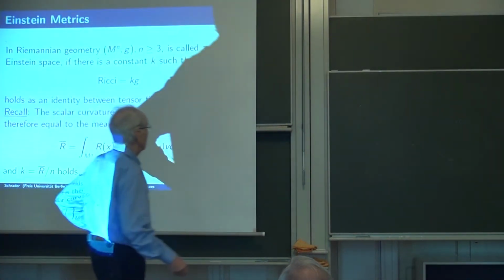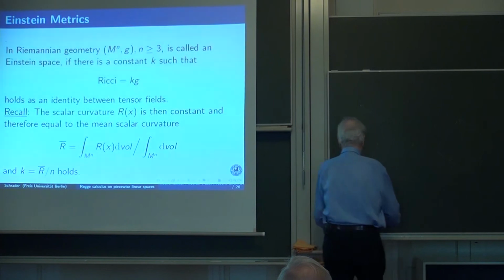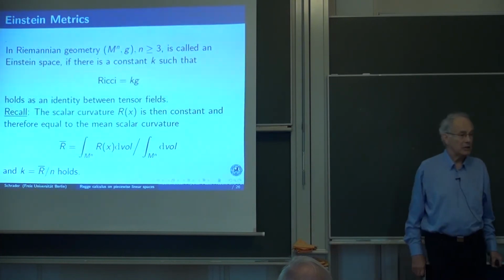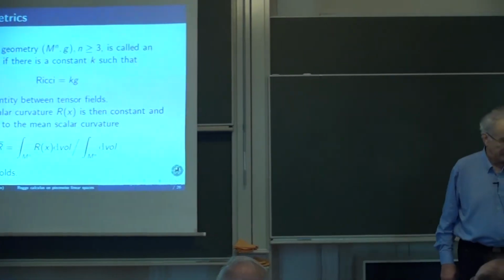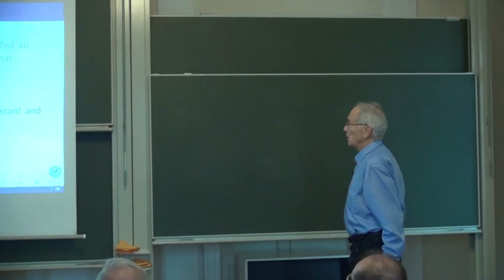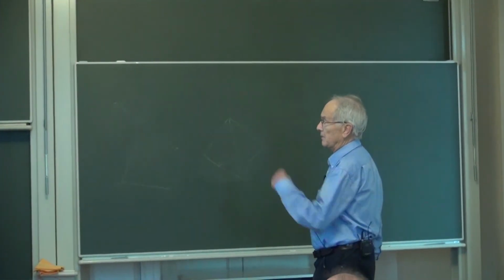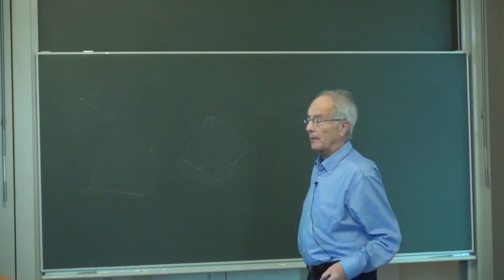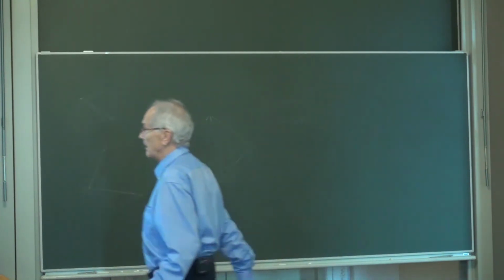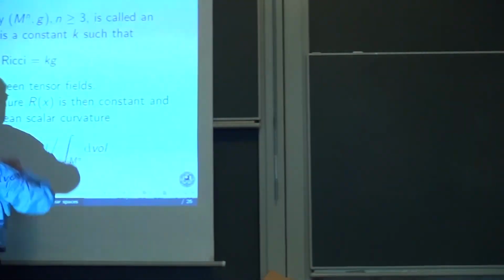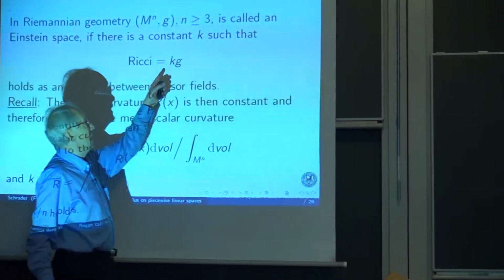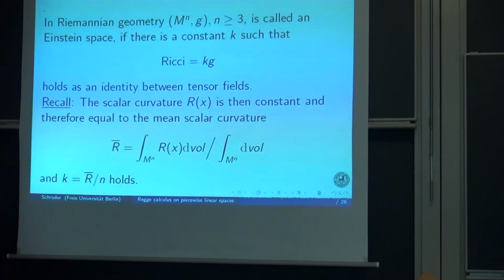So I recall, the question is, can one have some sort of analogy to Einstein spaces? That's the program. Einstein spaces, in the smooth case, and I will always talk about compact manifolds, means the Ricci tensor, which is a tensor of rank 2, is proportional to the metric tensor, and this k is a constant.